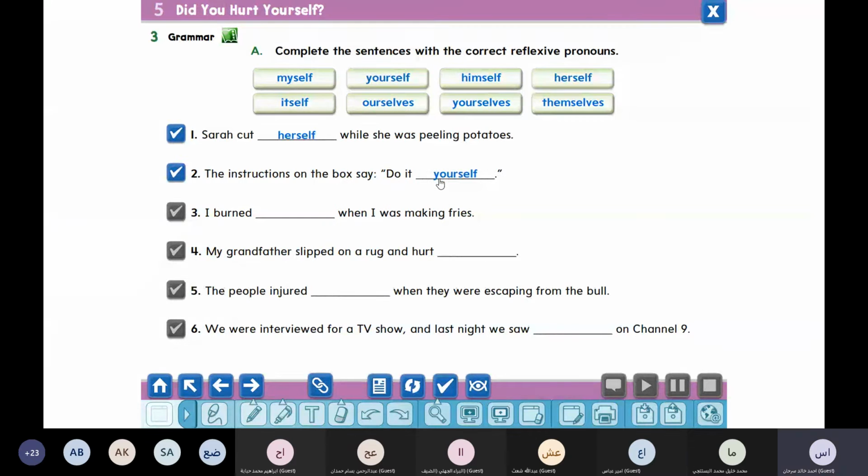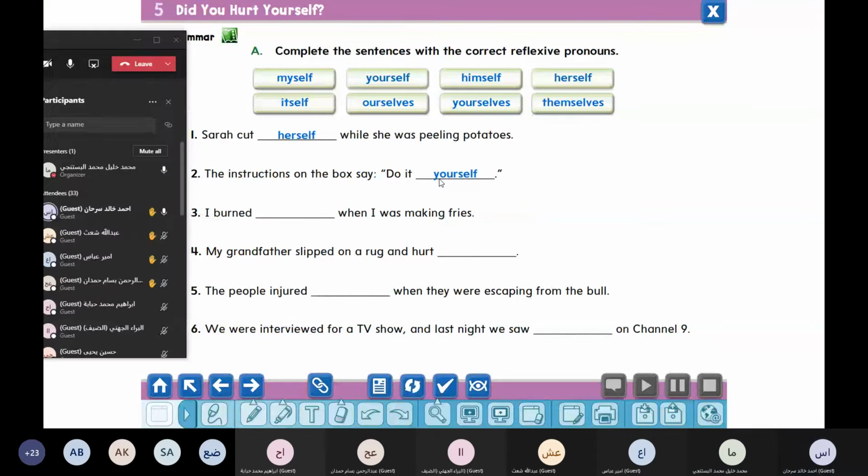I burned myself when I was making fries. Yes, myself. The subject and the object are the same. Myself. Where is myself here?